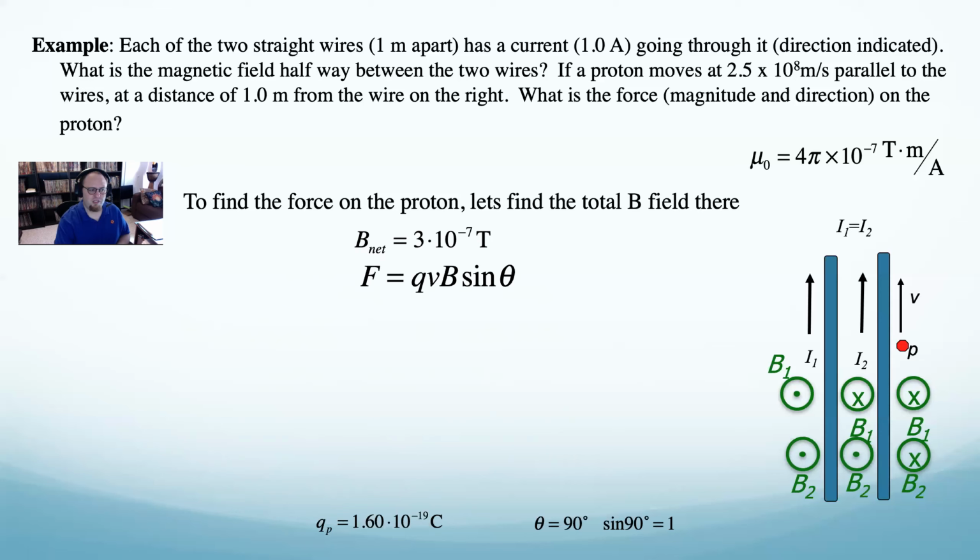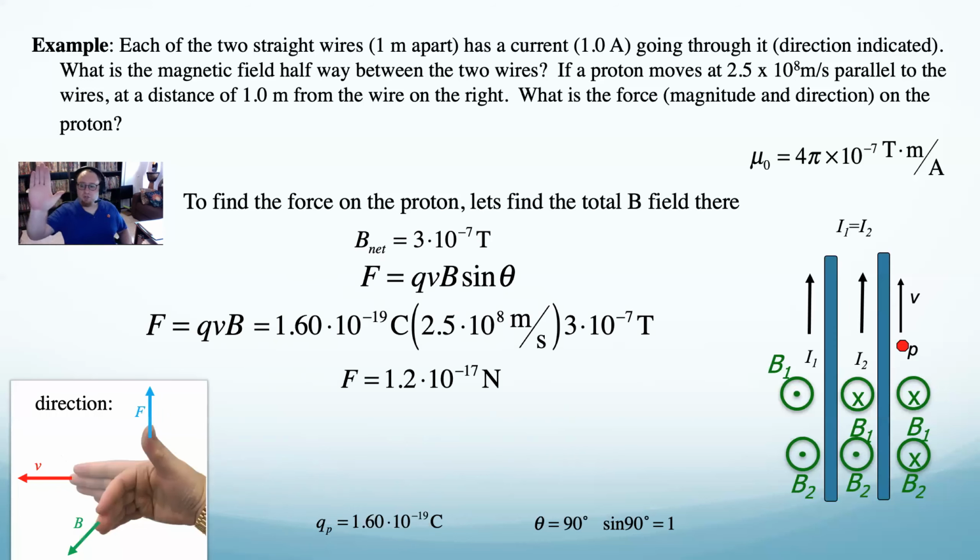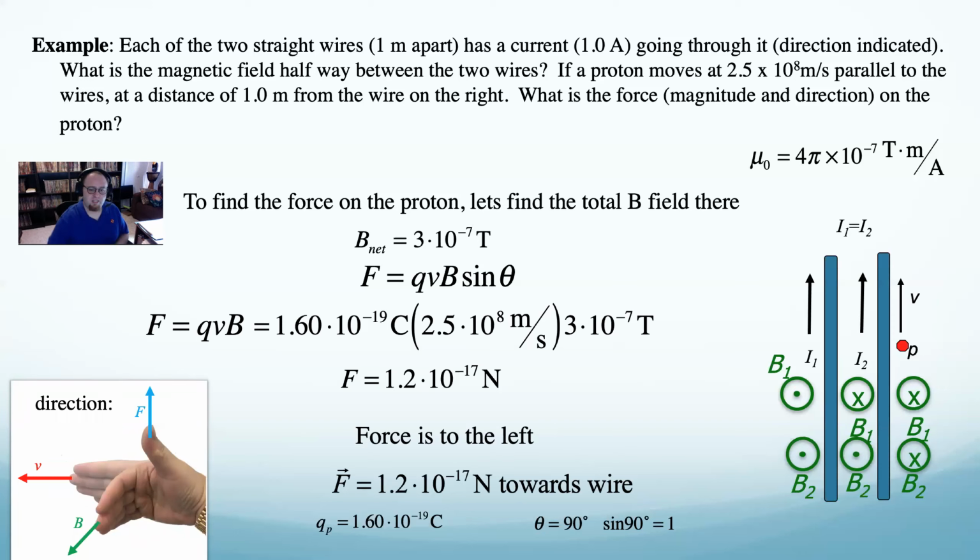And so the force is QVB, which plugging in values gives me a force. As for direction, direction is right-hand rule. The charge was going up, B is into the page, the force is to the left. And so this is my force.